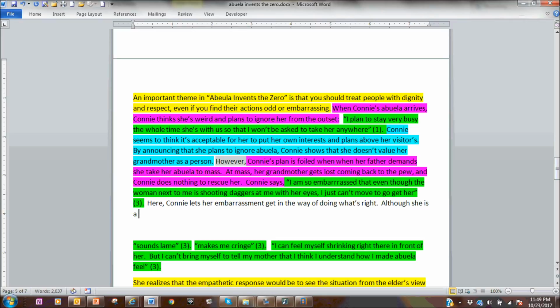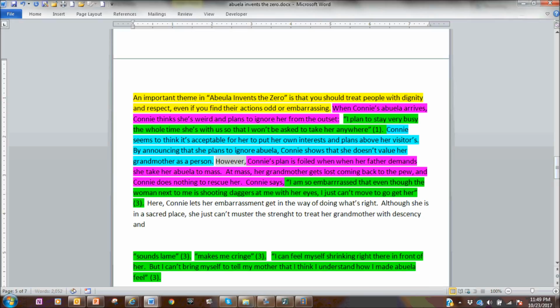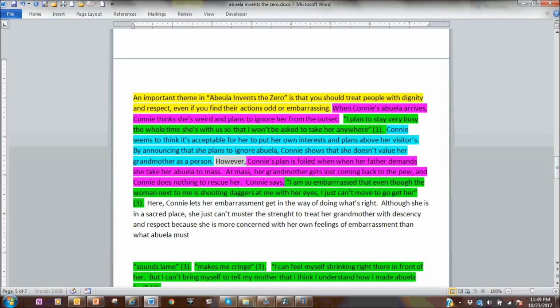"although she is in a sacred place. She just can't muster the strength to treat her grandmother kindly because she's more concerned with her own feelings than what Abuela is feeling.